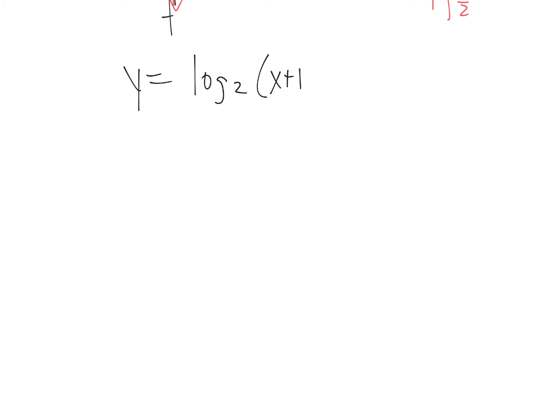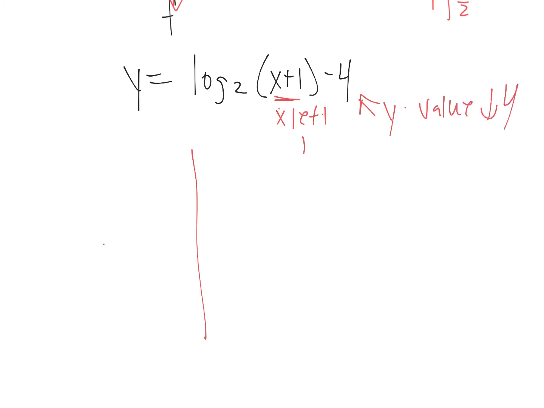of x plus 1 minus 4. This is moving my x value left 1, and this is moving my y value down 4. Okay, so if I put some points here, I'm going to do a coordinate plane.